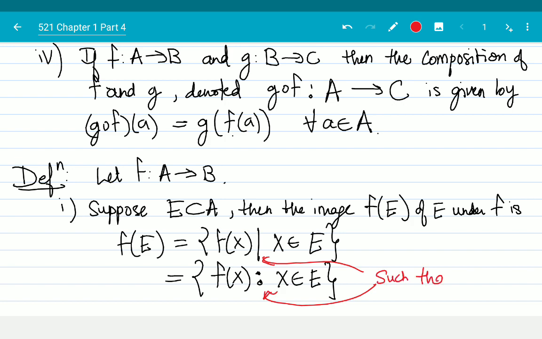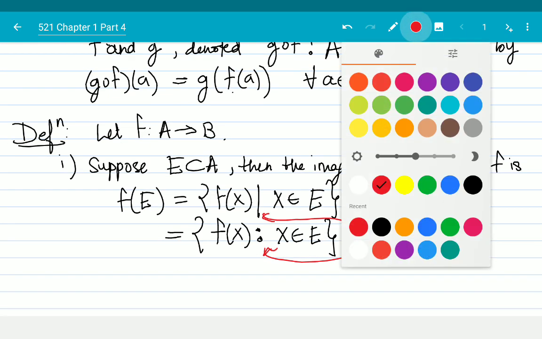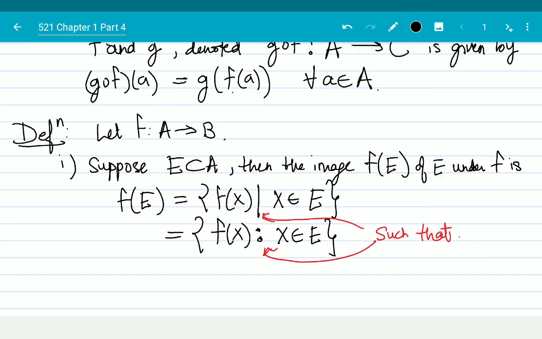Both of these mean such that. It depends on who is writing. Oftentimes I will generally use the vertical line, but sometimes I use the double dot when it's confusing. If I'm looking at absolute values, or if I'm looking at a divides b, then these can become confusing. Okay.